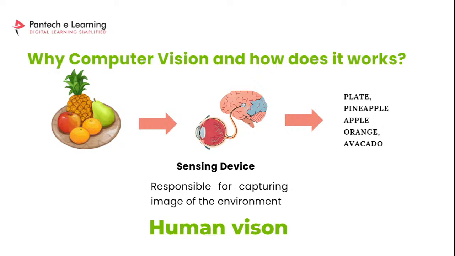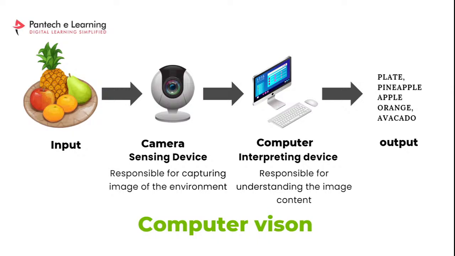Similarly in computer vision, the camera is the sensing device, and the computer is the interpreting device, the brain, which has the algorithm or the AI or the neural network that interprets and tells you what it actually has.